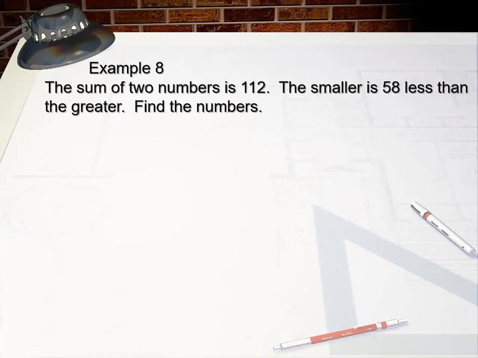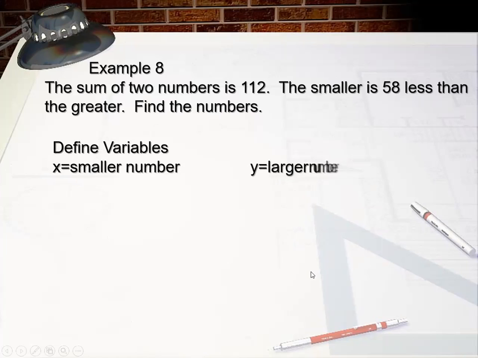All right, example 8, the sum of two numbers is 112. The smaller is 58 less than the greater. Find the two numbers. All right, so we're just going to call the smaller number X and the larger number Y. So when I add the two numbers together, it says the sum of the numbers, we get 112.